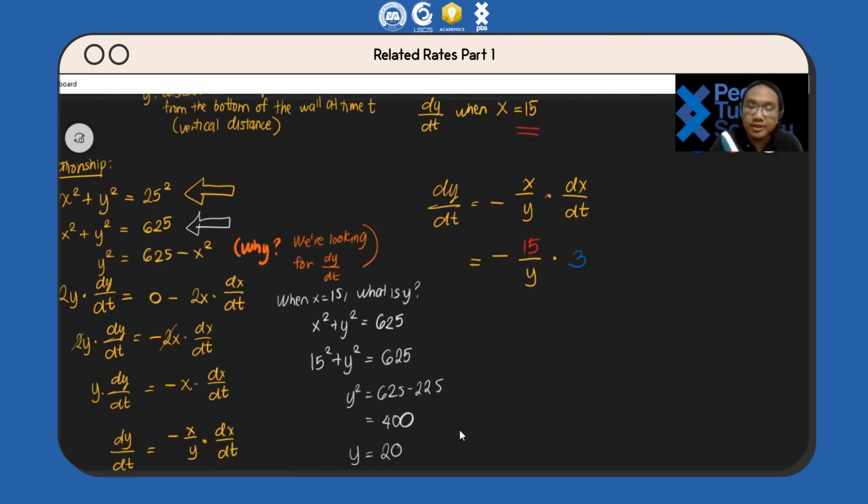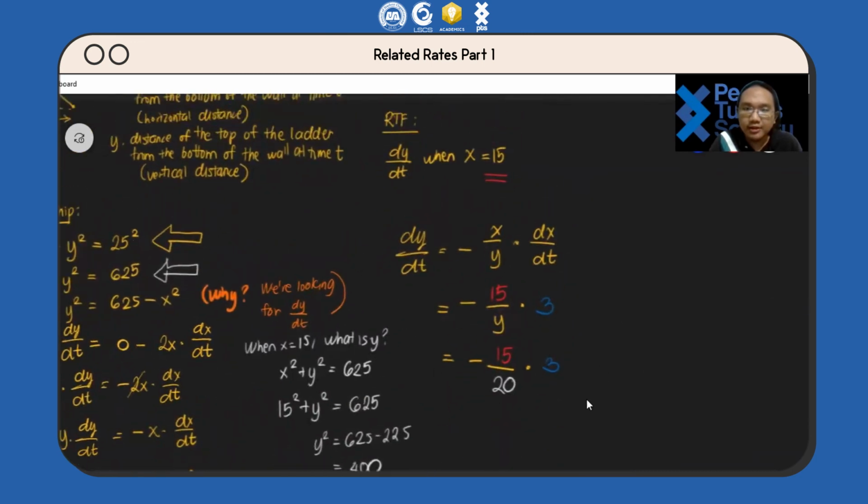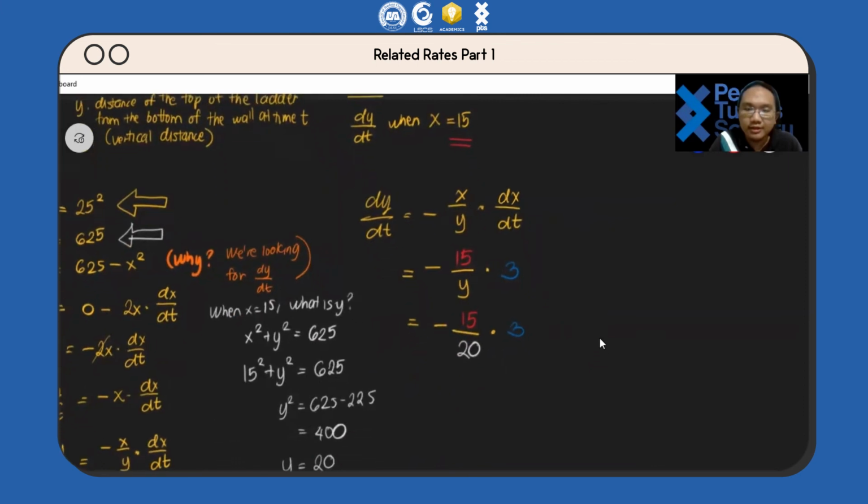So now we can use this for our equation. So negative 15 over y, that's 20, multiplied by 3 over here. Okay, just a recap. X is 15, y is 20, dx/dt is 3 as we found here.